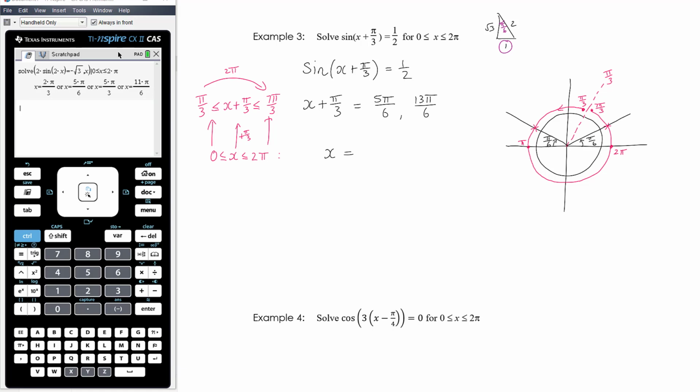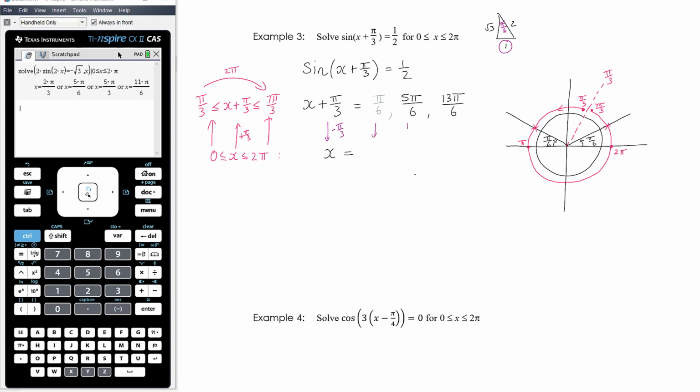I'm going to write the pi on 6 solution in there in a grey pencil, because the temptation is not to make this adjustment. If we added pi on 6 here, at this next step we're going to be subtracting pi on 3 from all of our solutions. So to go from this line to this line, we need to now minus pi on 3.